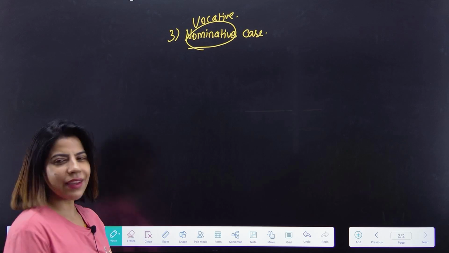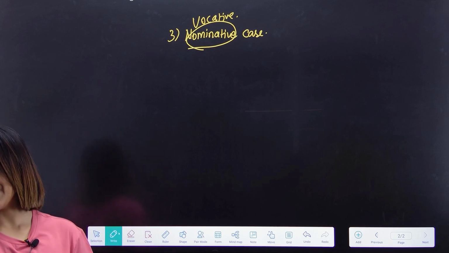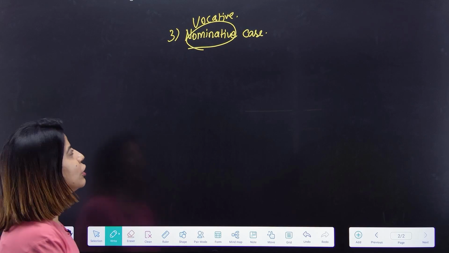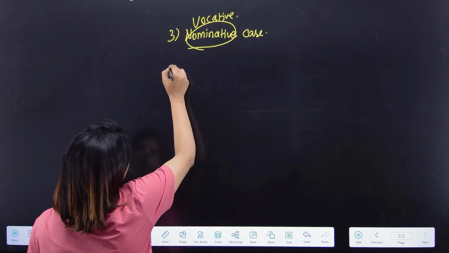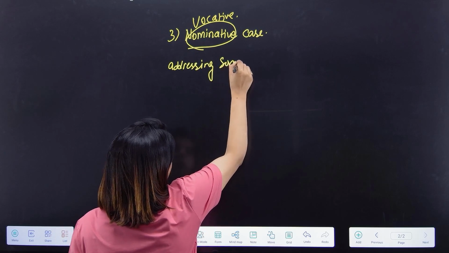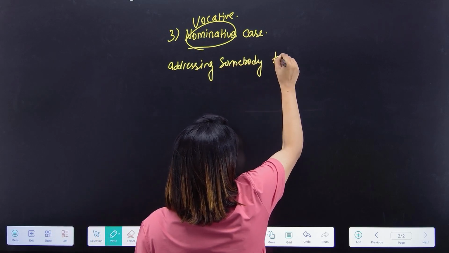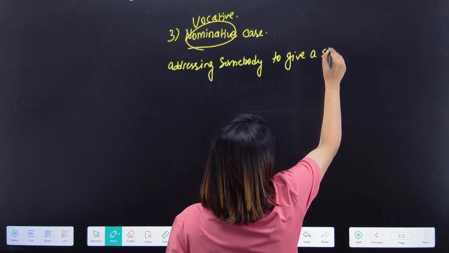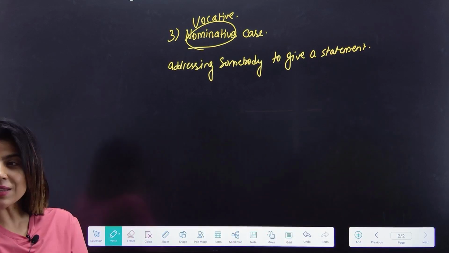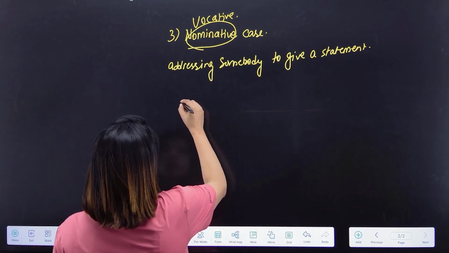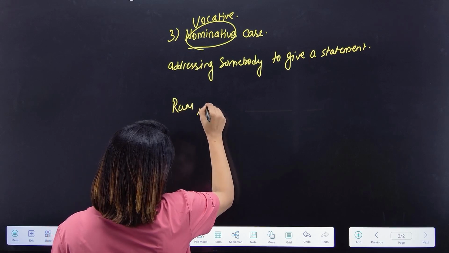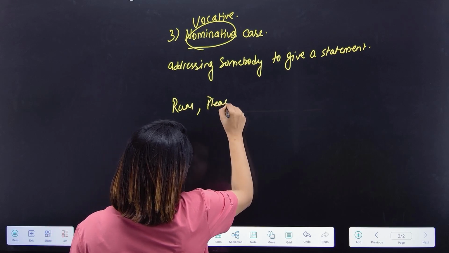तो एग्जाम्पल से याद रह जाएगा, बिलीव मी, दैट इज व्हाई आई ऑलवेज गिव सच एग्जांपल्स व्हिच यू कैन रिलेट विद. So vocative case is nothing but addressing somebody to give a statement. किसी को स्टेटमेंट देना है तो उसके लिए उसको एड्रेस करना, उसको कहते हैं वोकेटिव केस.